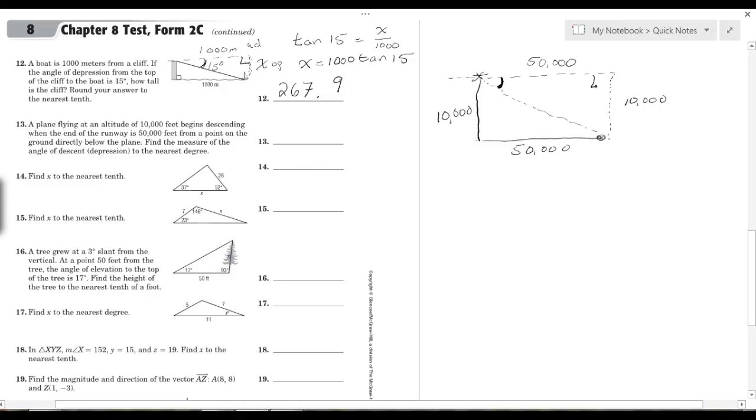This is going to be a right angle. And once again, we're going to end up using tangent because this is our opposite and this is our adjacent. So tangent of, I'm going to call this x. Tangent of x is going to equal the opposite over the adjacent.